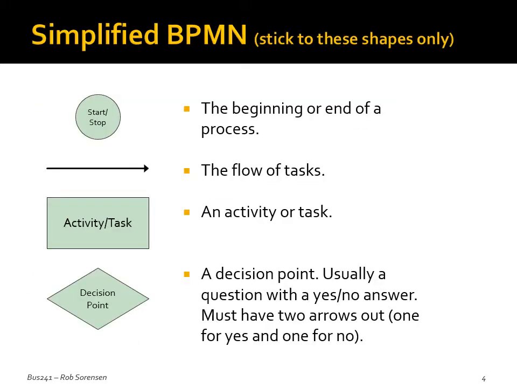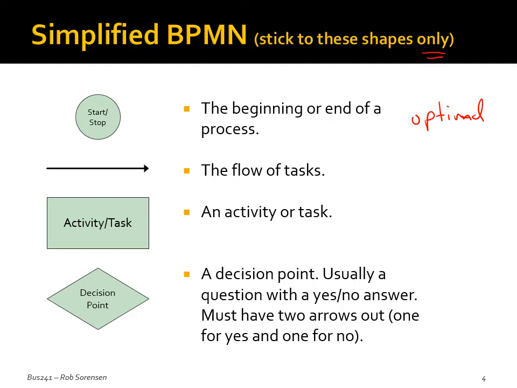Now here are the shapes we're going to use, all right? And I'd like you to stick to only these shapes. So that's pretty key. These are the only shapes that we want to use for our notation. You've got a round circle that says either start or stop, or maybe begin, end. That's optional, but sometimes people like to put that in so that we know where things begin and where they end.